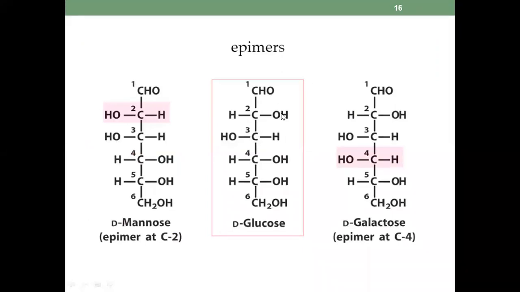You have down, up, down, down, up, down, or right, left, right, right. In our galactose, you have right, left, left. Instead of right, you have it left. So 2 OH to the right and 2 OH to the left for galactose. For glucose, you have 3 OH on the right and 3 OH on the left.